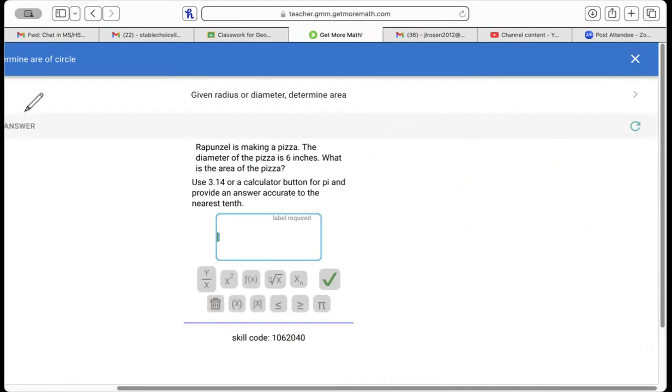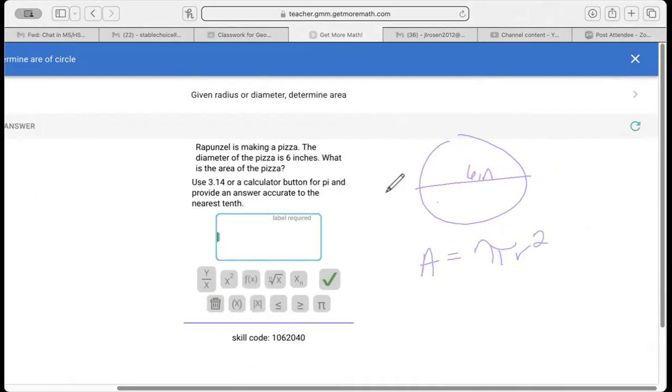This one here, okay, it says she's making a pizza. So again, I'm going to draw a quick pizza. The diameter, so all the way across, is 6 inches. What is the area of the pizza? Okay, so my formula is pi r squared. So if the diameter is 6, we need to find half of that, right? So half of 6 is going to be 3. So we're going to have pi times 3 times 3. So that's really the biggest thing.